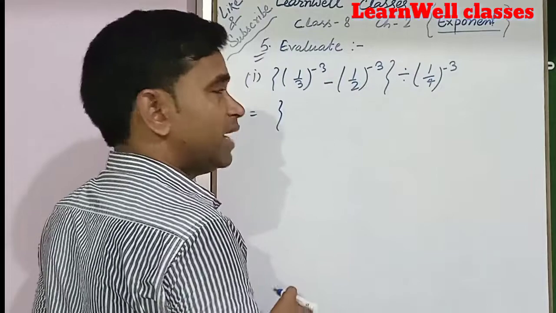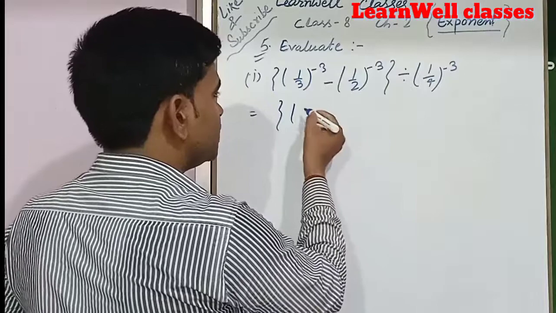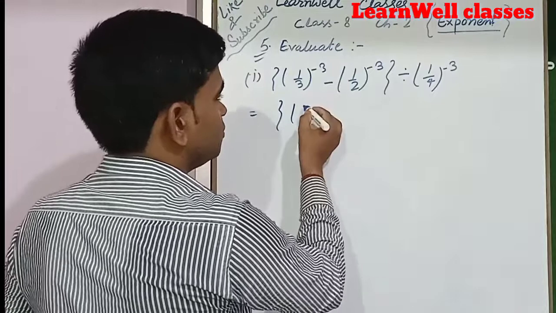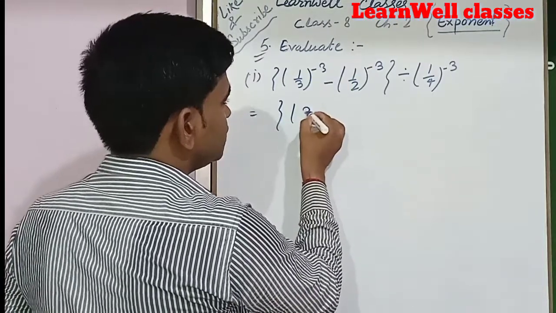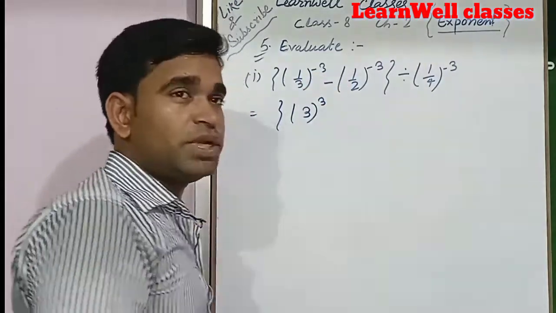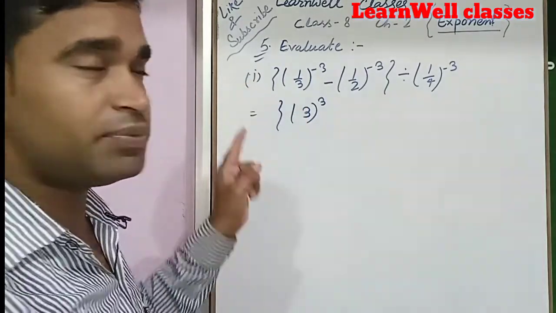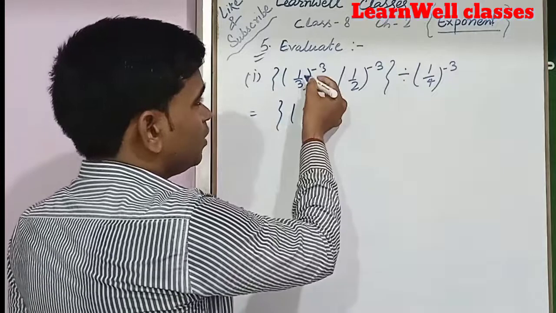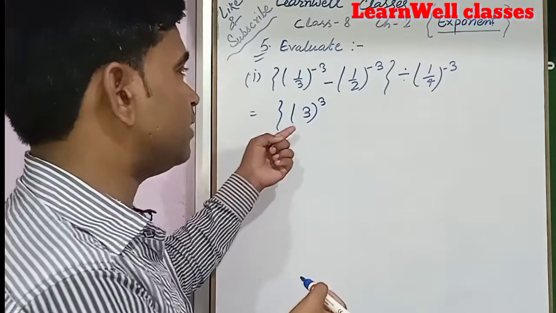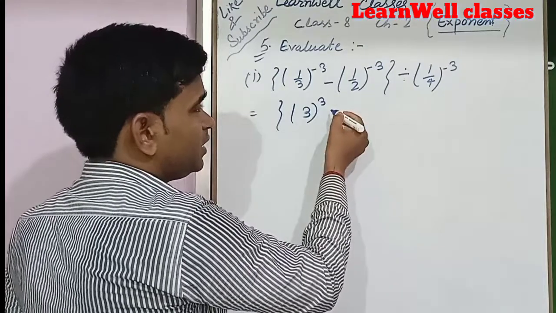When the exponent is in minus form, the fraction will be reversed, taking its reciprocal, to bring it to positive form. So 1 upon 3 is reversed to 3 upon 1, so we write 3 raised to the power 3.